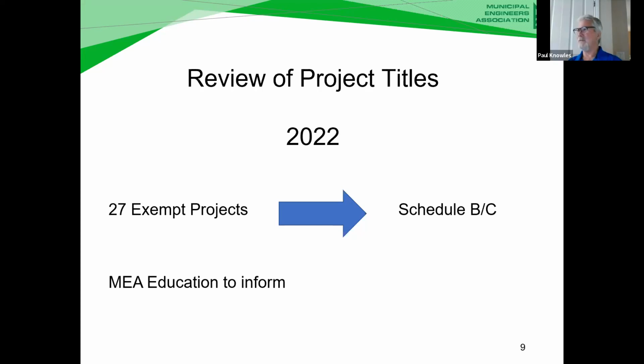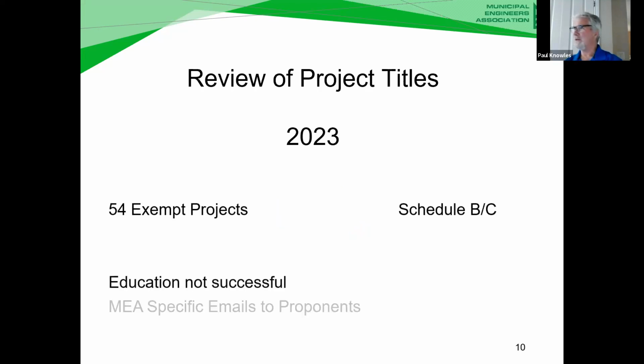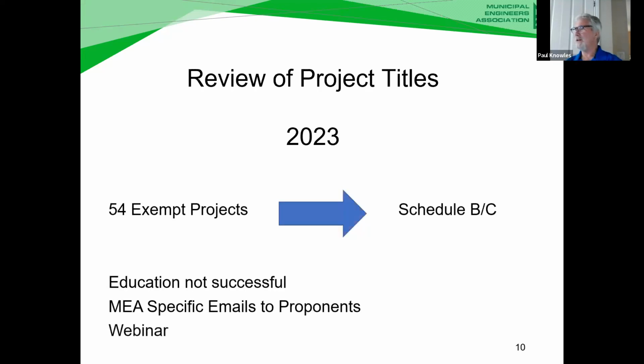But it looked like there was around 27 projects that really shouldn't be reported because they're exempted. And we said, well, we should educate people, and we built this into our education program to try and get the word out. But in 2023, when we reviewed this spreadsheet, we saw 54 projects. So apparently our word isn't getting out.